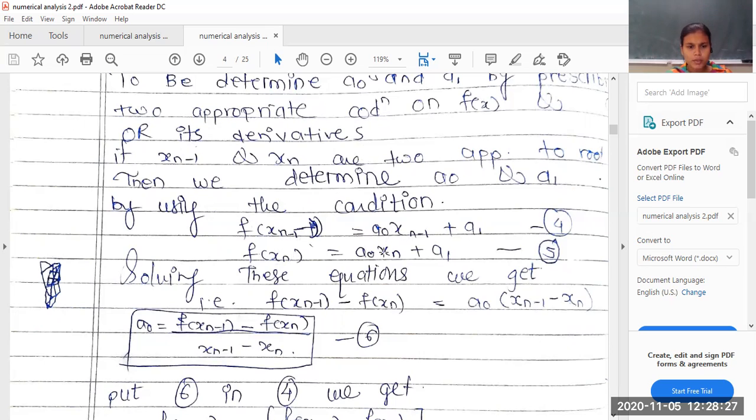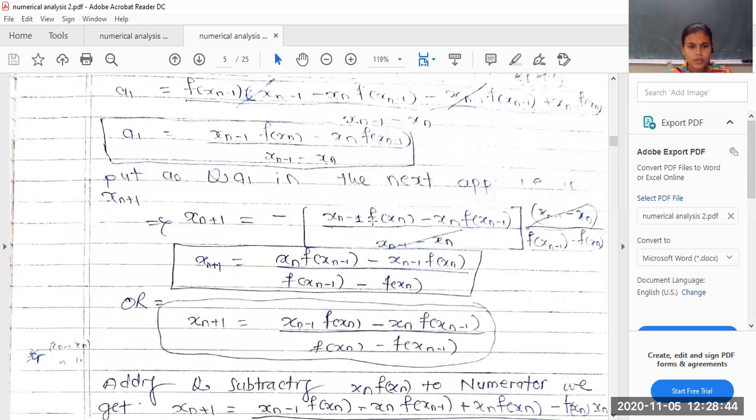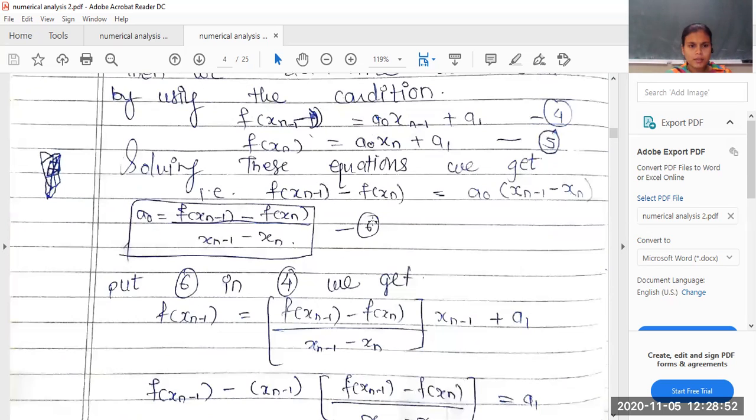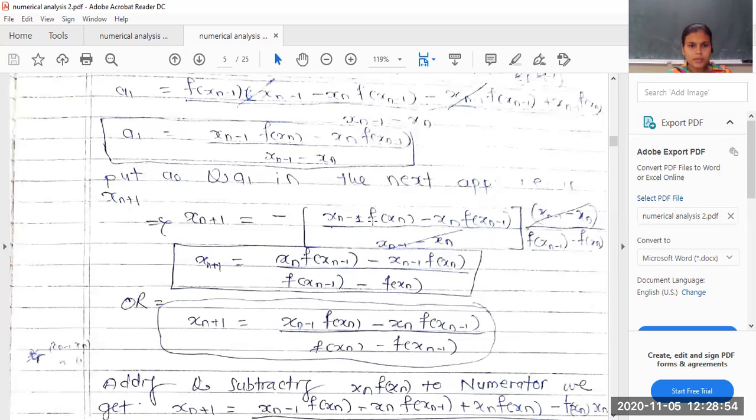With the help of these two equations, subtracting, we can get the value of a0 because a1 minus a1 will be cancelled. So here we get a0 into (x_(n-1) minus x_n), and so we can get the value of a0. Just put this value of a0 in this equation 4, and then we can get the value of a1 from this equation.